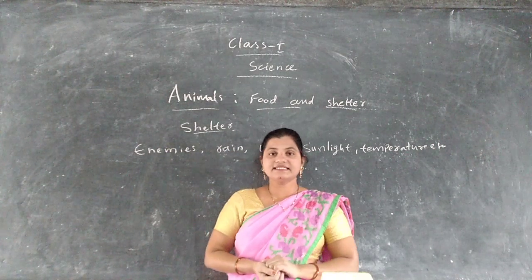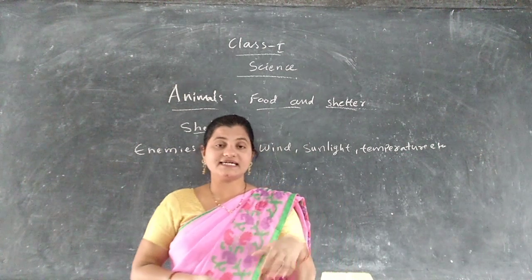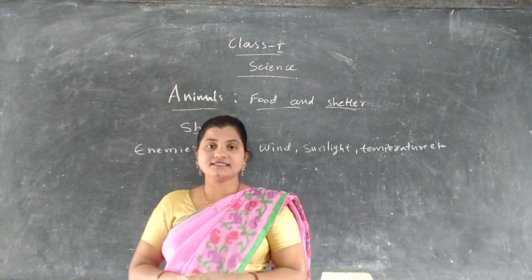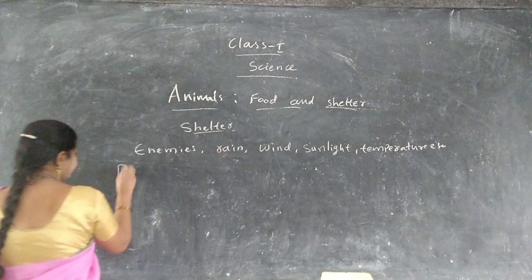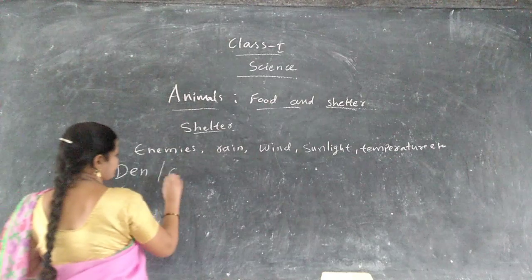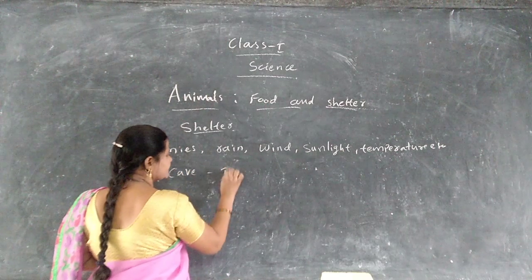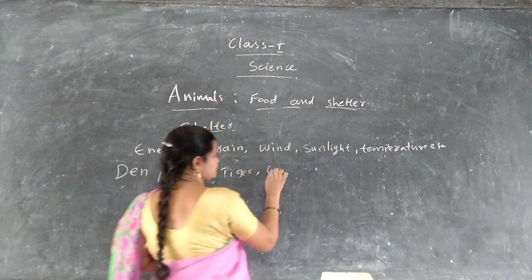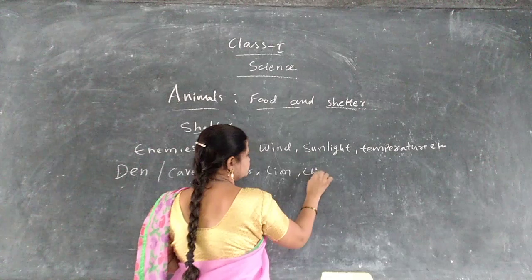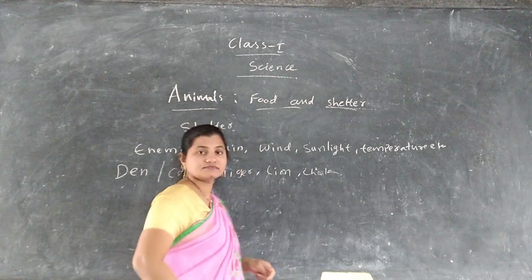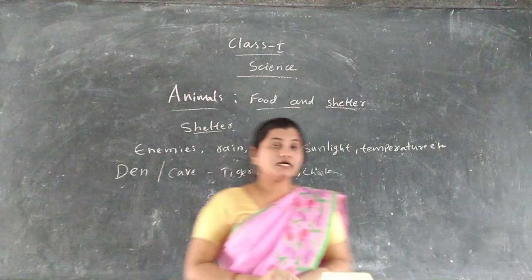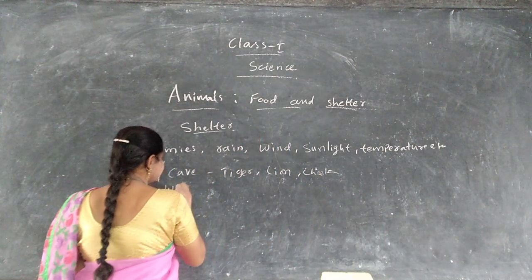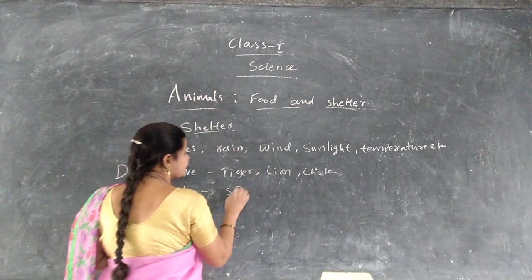Like that, wild animals also construct their own shelters. So what are the shelters? For example, a den or cave is a shelter for tiger, lion, cheetah, etc. Next, web. Do you know a web is a shelter for a spider?